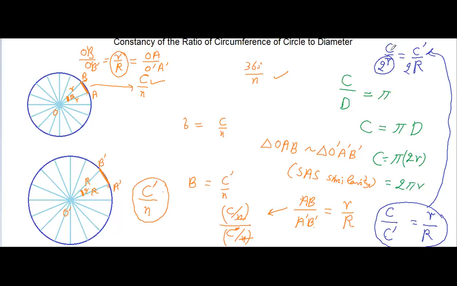So for the smaller circle, circumference divided by the diameter is the same as the circumference divided by the diameter for the larger circle. That means circumference divided by the diameter is constant. This constant is named as pi. I hope this is clear.